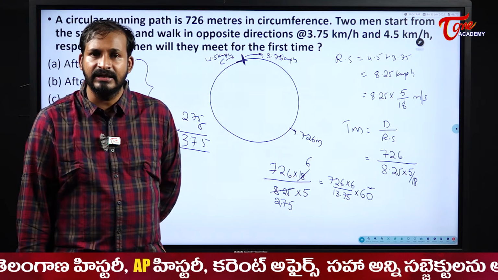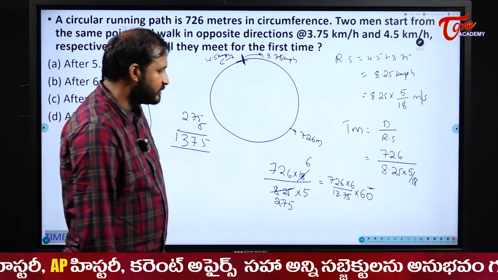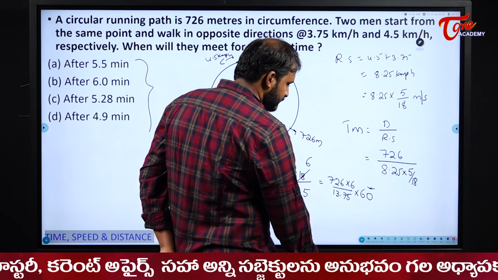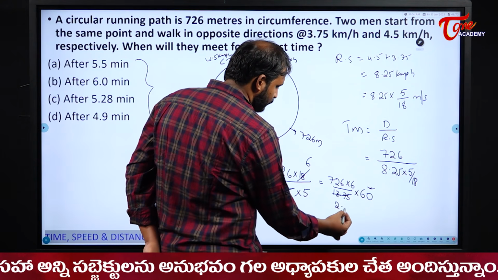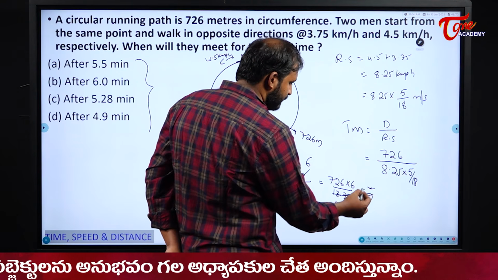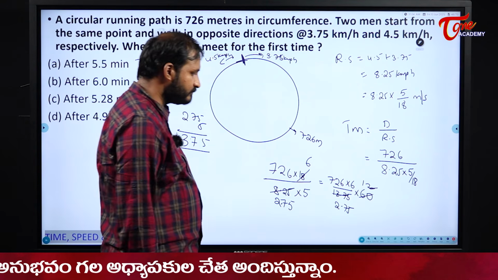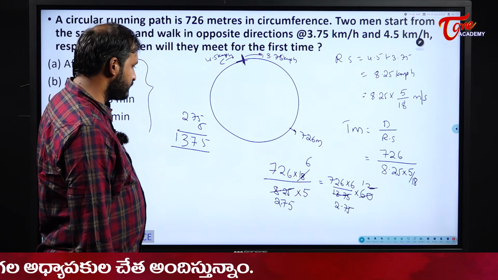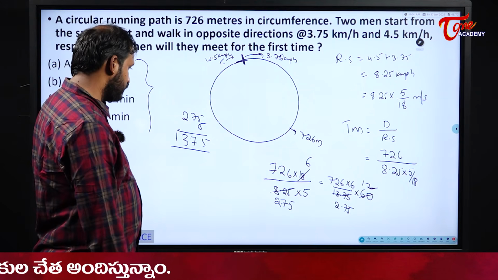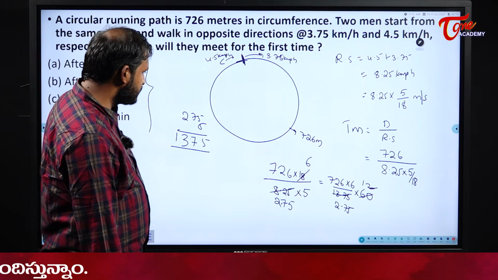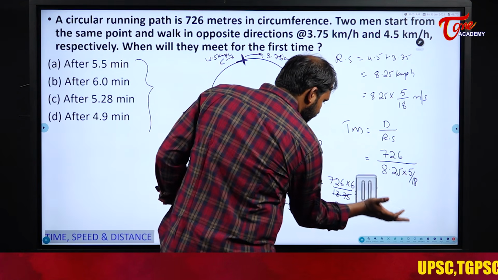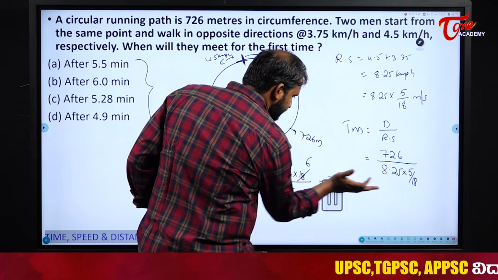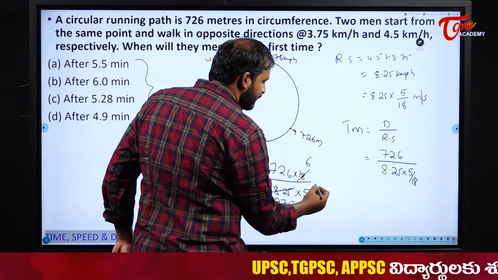So now please cancel it once again. In the 5 table, anyway, it will come back to 2.75 only, and it will become 12 times. Sorry, we should not multiply with 60, we should divide it by 60. Why? Because we are converting it into minutes, right?